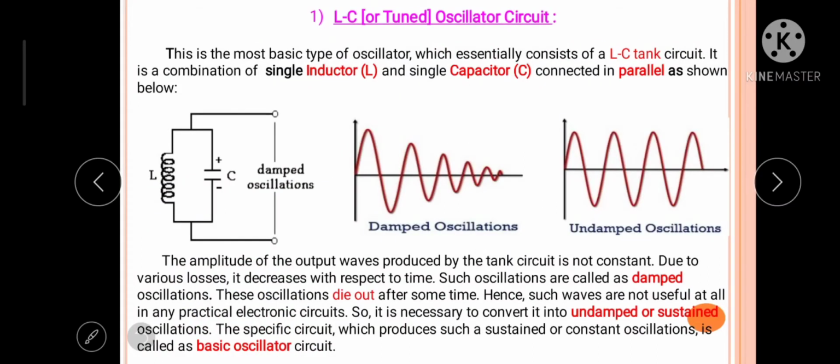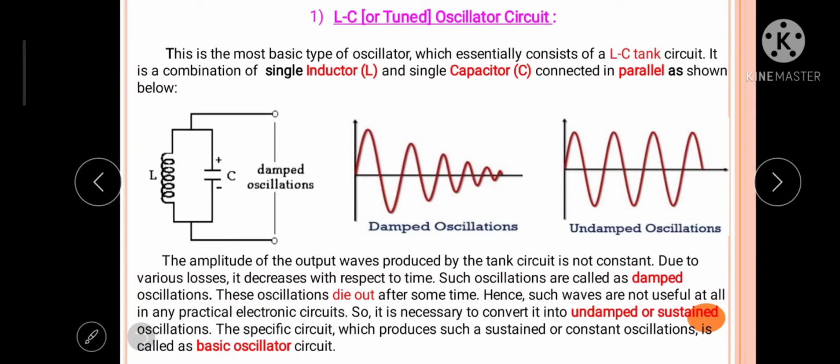Now come to the first type, LC or tuned oscillators. Here L indicates inductance and C indicates capacitor. This is the most basic type of oscillator, which essentially consists of an LC tank circuit. It is also called an LC tuned circuit.